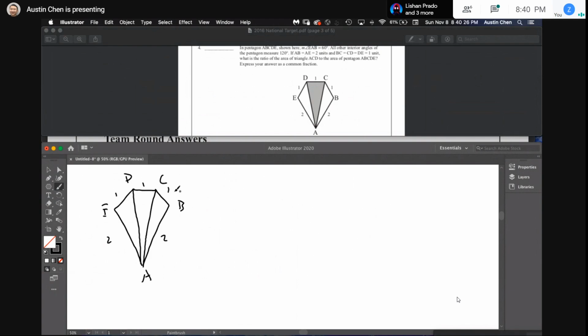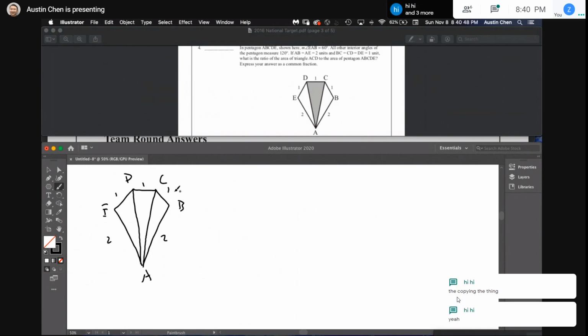Shan is saying you can't do that in the real test. Wait, what? Can't do what? He just said you can't do that. Oh wait, hang on. Were you having a conversation with 1001? Oh, the copying the thing. Okay.